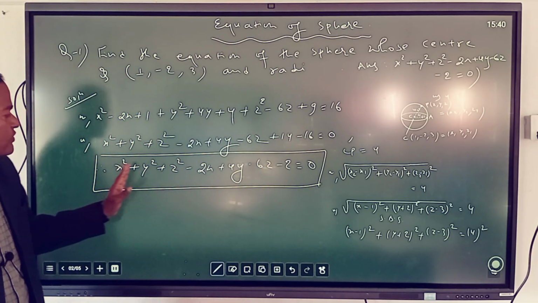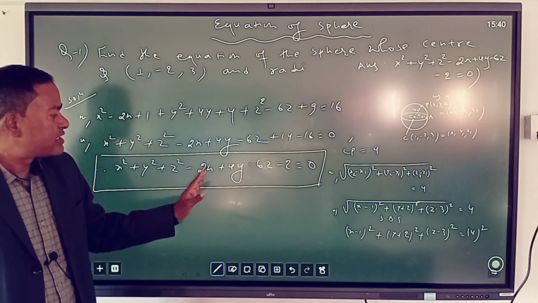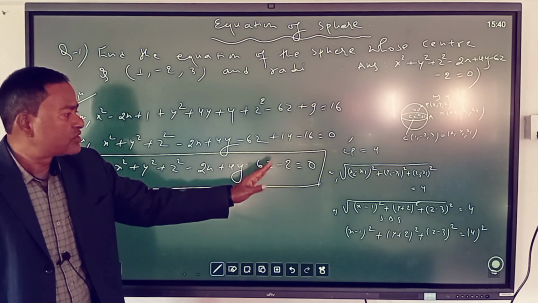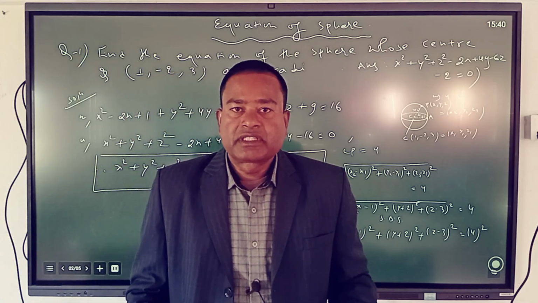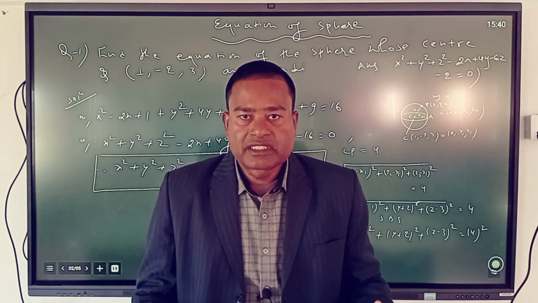So x square plus y square plus z square minus 2x plus 4y minus 6z minus 2 is equal to 0, which is the required equation of the sphere under the given condition.